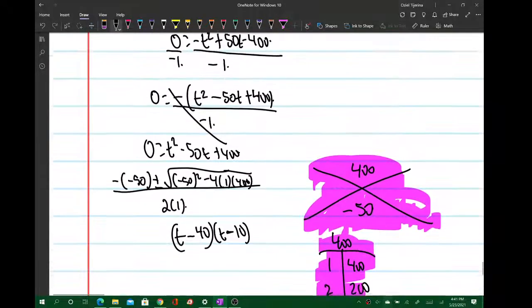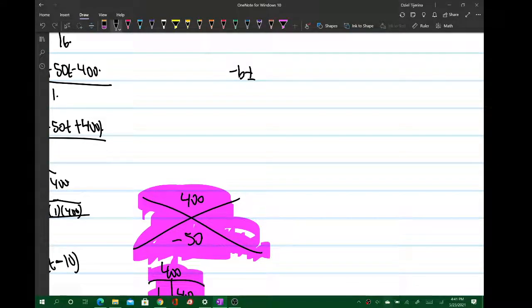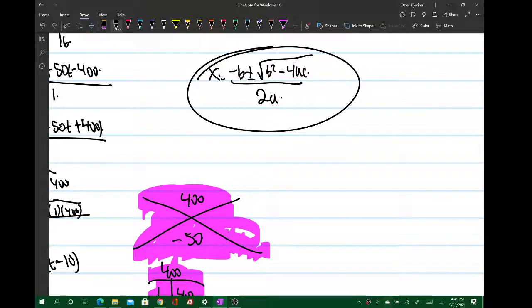So I would really recommend that you guys memorize this formula here. I know they also did a whole song for it. I didn't memorize it using the song. I just memorized it on my own.